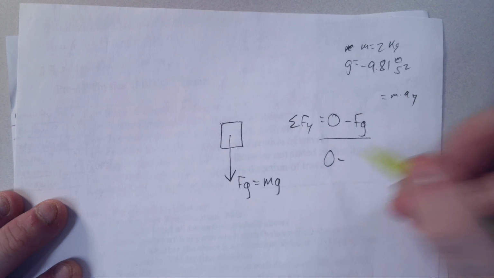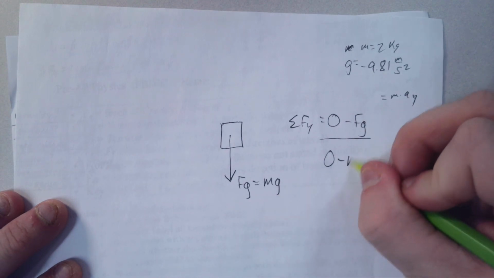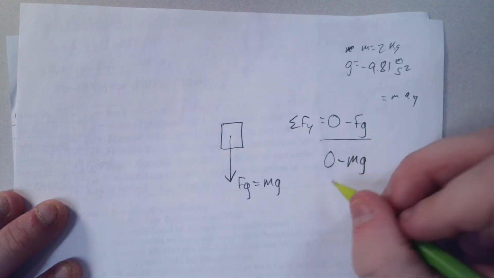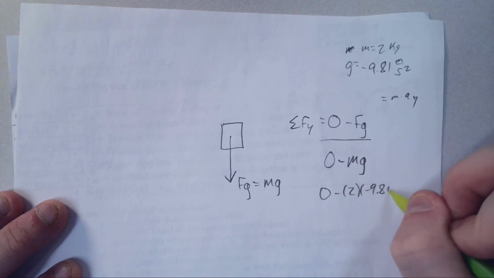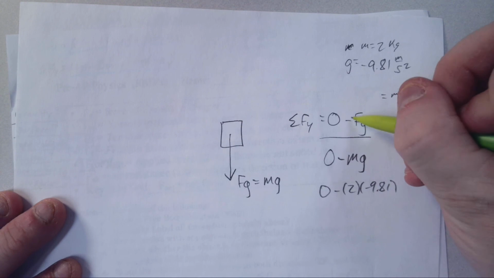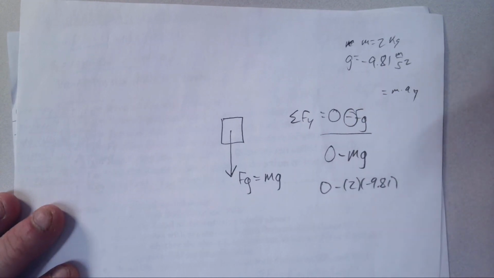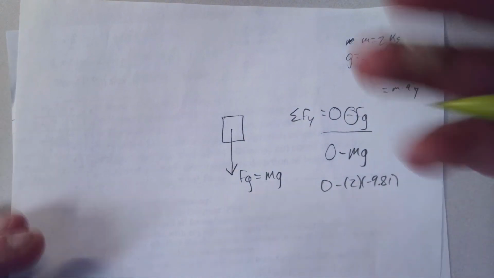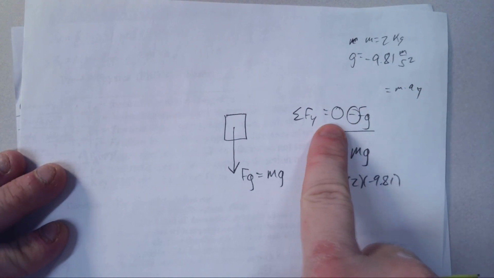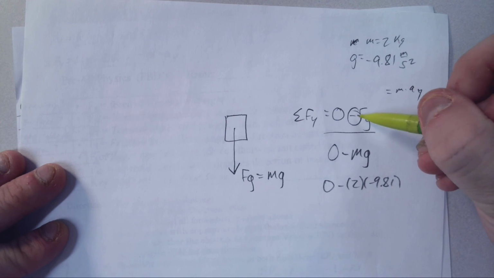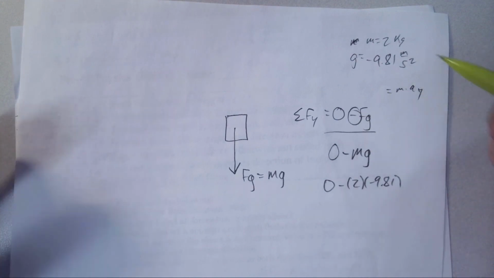0 minus F of g is the same as 0 minus mg. And if I plug in 0 minus 2 times negative 9.81, we have to realize what this negative is telling me. Has somebody said in 6th period that you're subtracting? Yes. But it's telling me that this force is going down. This is saying that we have nothing up and force of gravity going down. So remember, that negative tells me it's going down.